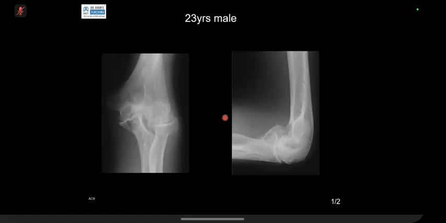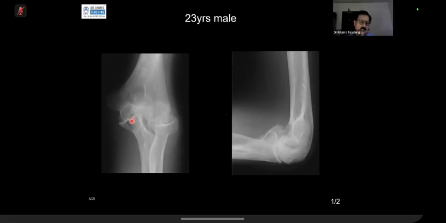Which bone is particularly overgrown? The radial head is looking a little overgrown. Other than that, any other finding? The ulnar articulation also.